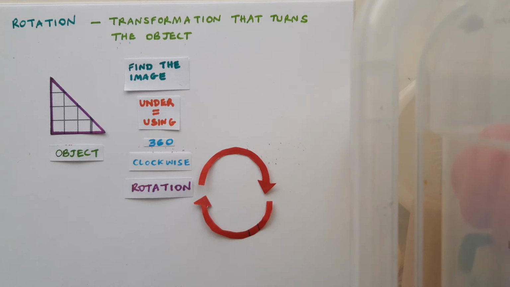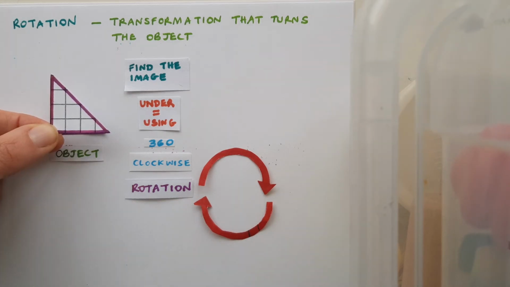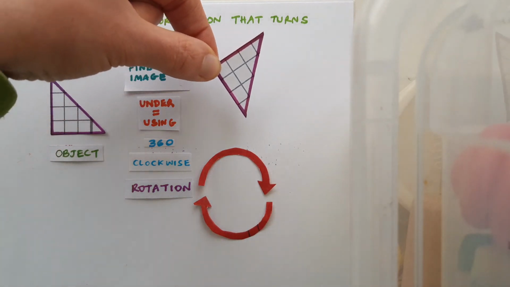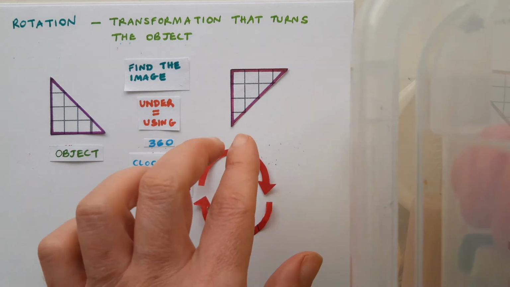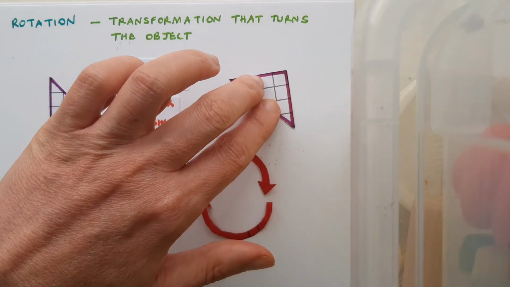And one last example using this triangle. So I have my object on the left and I want to find its image under 360-degree clockwise rotation. And again, I'm going in the same direction as the hands of a clock. So my object begins here on the left. And when I turn it through 360, I'm basically taking four 90-degree turns. So there's 90. And then I turn through another 90.